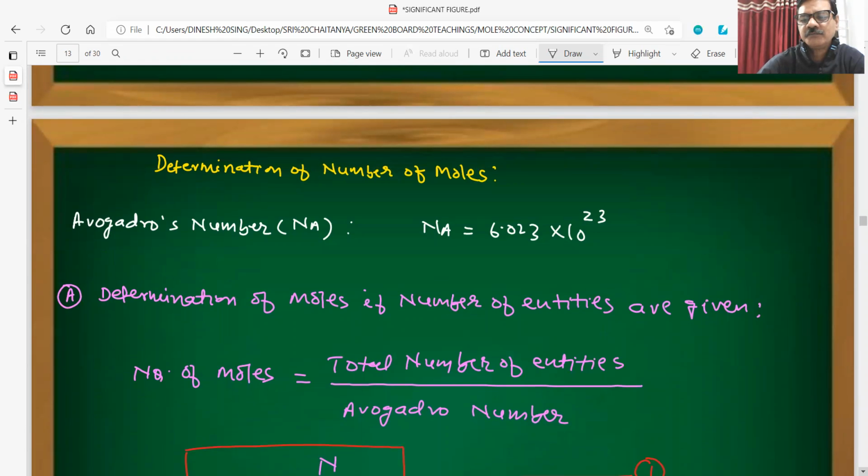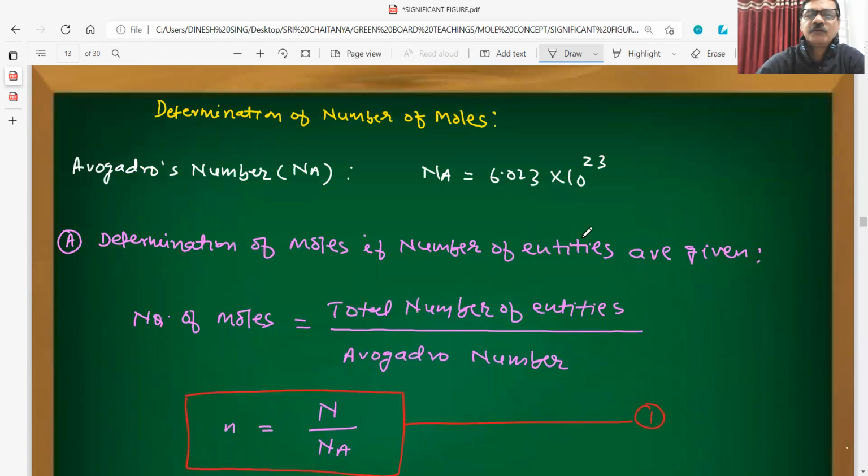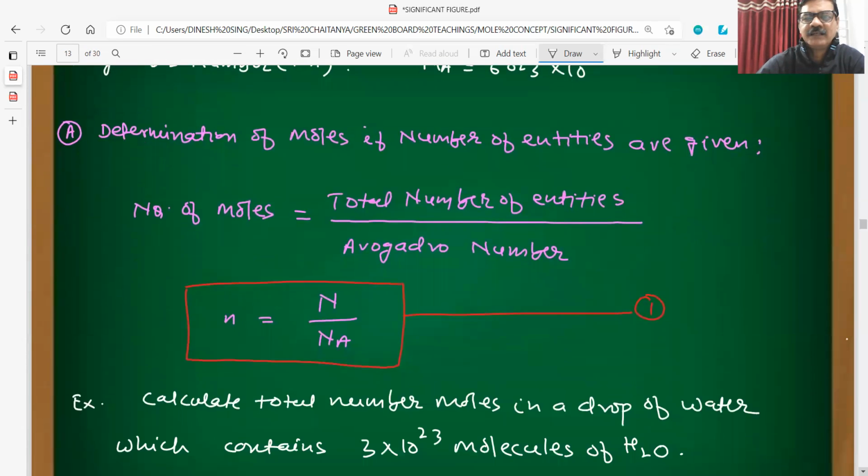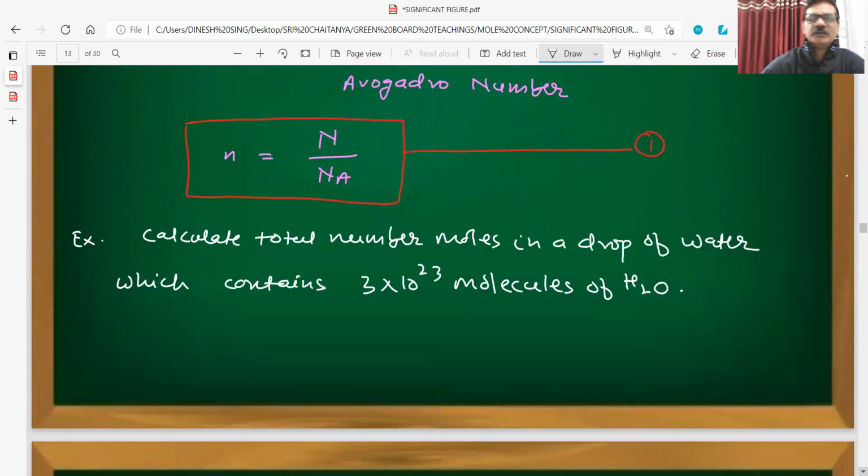For the sake of simplifying calculation, instead of 6.023, or in NCERT it is given as 6.022, both are the same thing, so we can directly consider 6 into 10 power 23. So we apply the formula n equals N by Na.